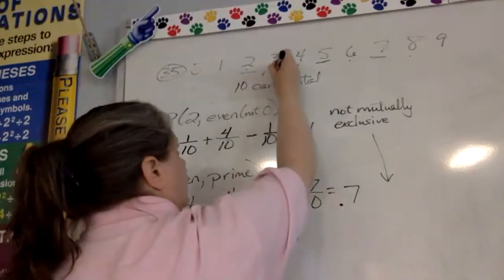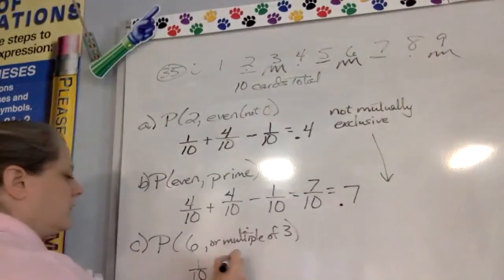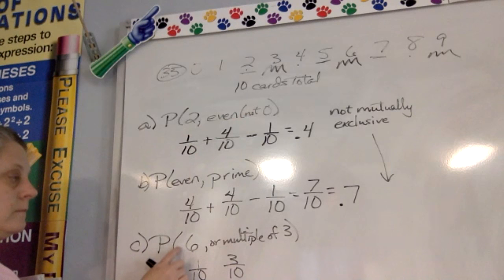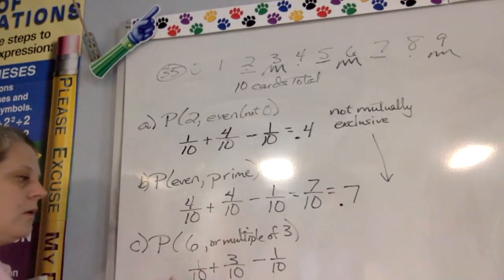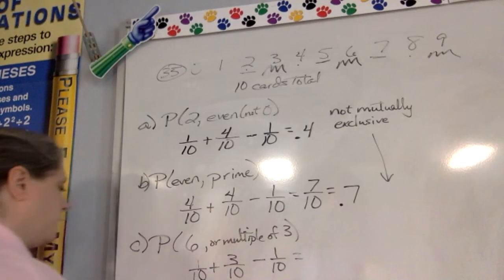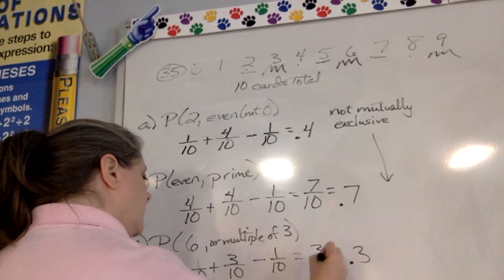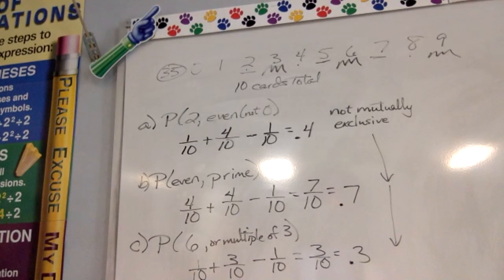So there's 3, there's 6, and there's 9. So there's 3 of those. Are any of those duplicated? 6 is also a multiple of 3, so I have to subtract that one back off. So what am I going to end up with? 3 out of 10. Not mutually exclusive. Do y'all agree with that or no?